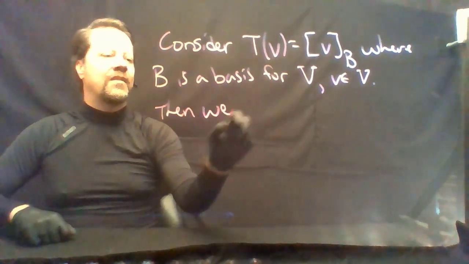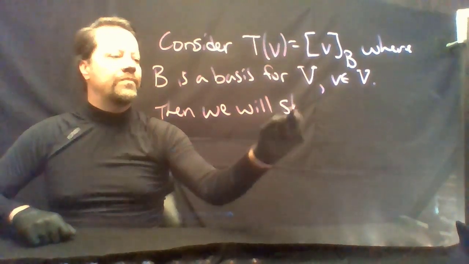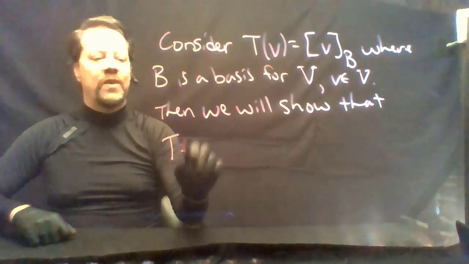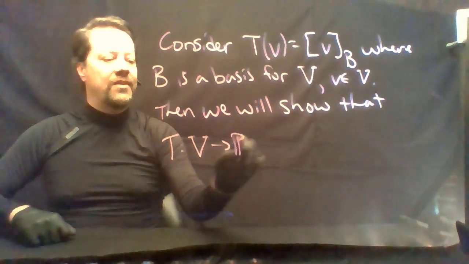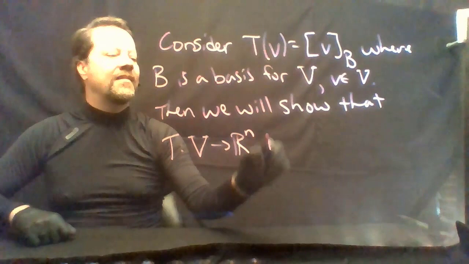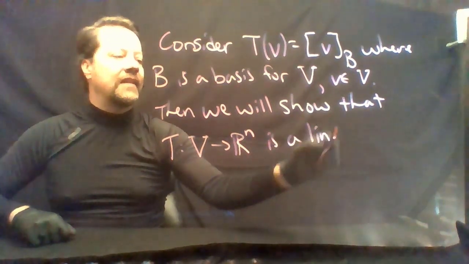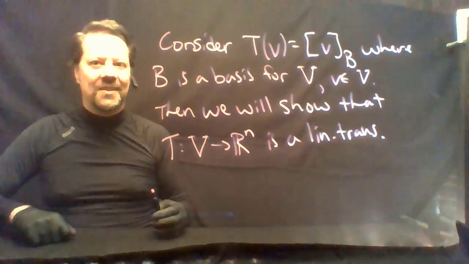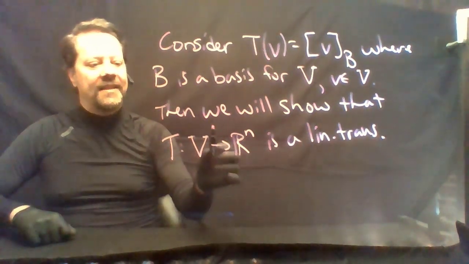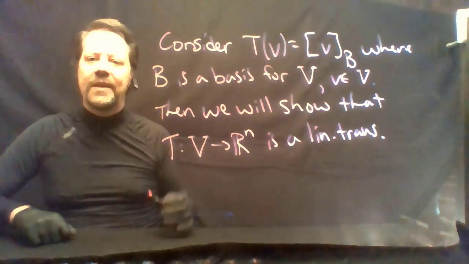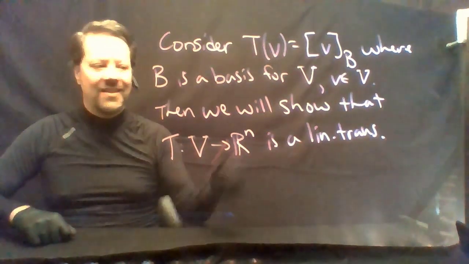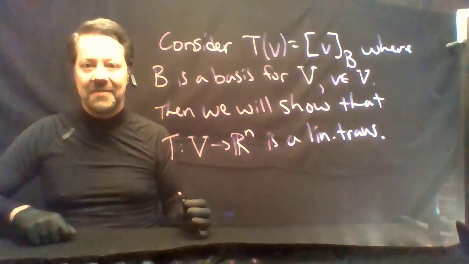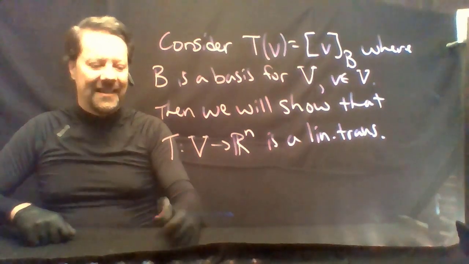Then we will show that T, which maps our vector space into Rn for some n, is a linear transformation. This will have important consequences. This tells us that instead of dealing with some vector space, we can always transform using coordinates to Rn, and that transformation is linear. So how do we prove this?